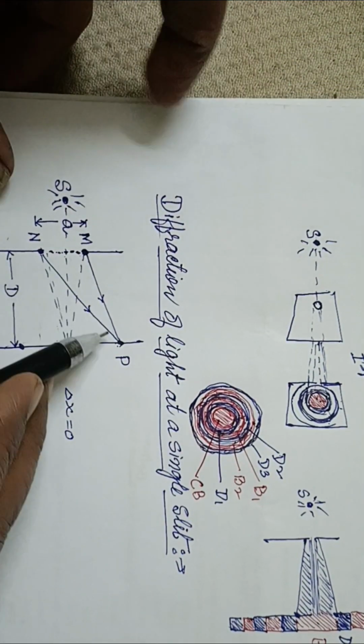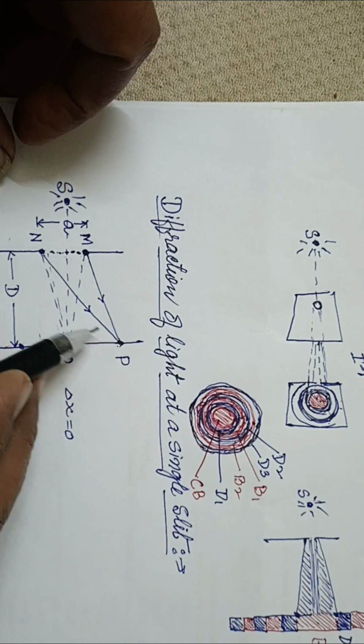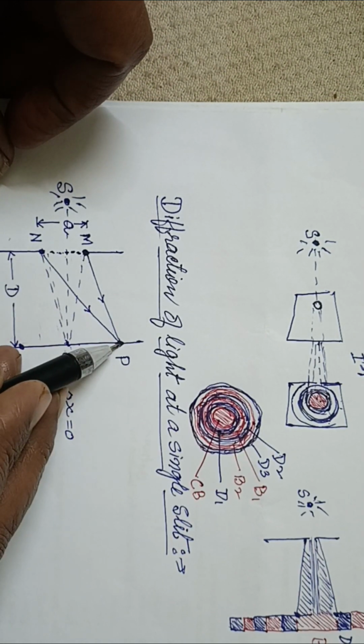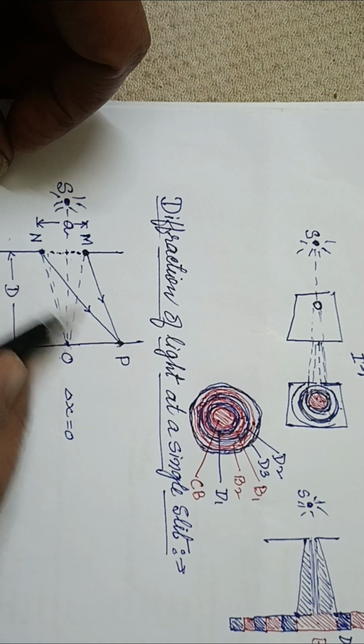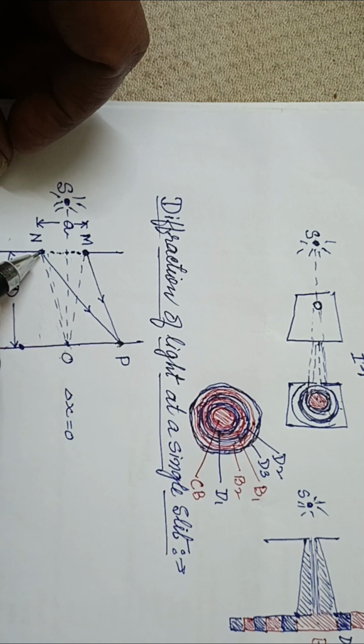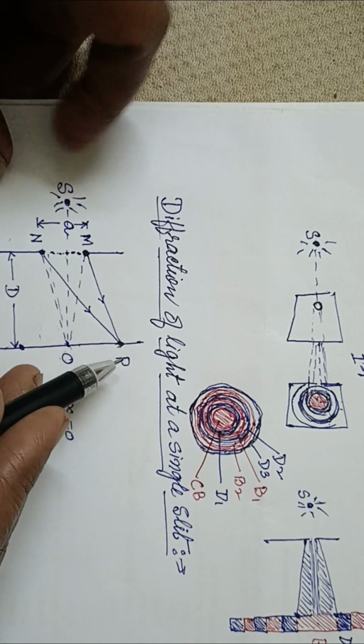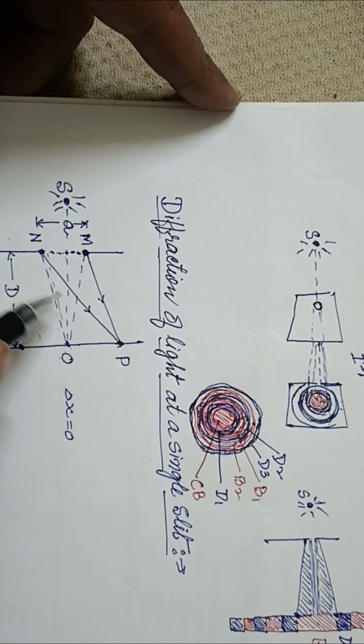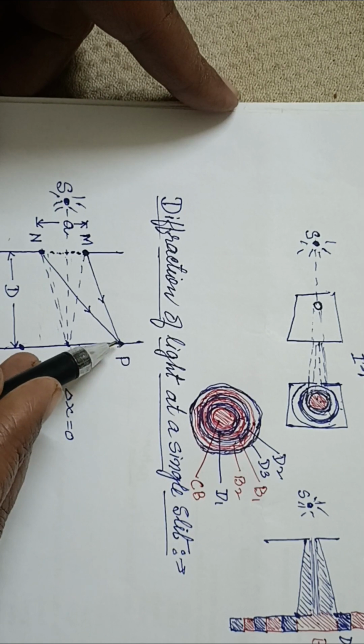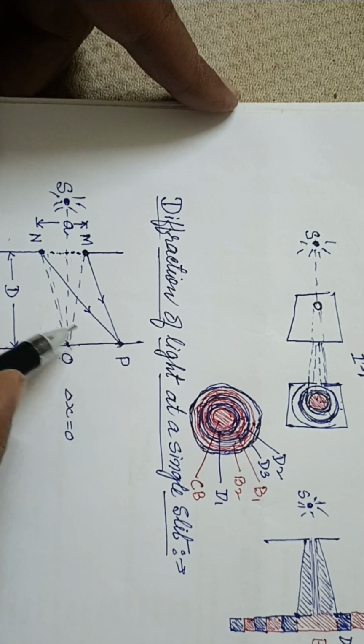So first we are considering a point P, and let us see what is happening over here, how the waves are reaching over there. Is there any path difference or phase difference? Which type of condition will develop over here, the bright fringe or the dark fringe? Let us generalize it.